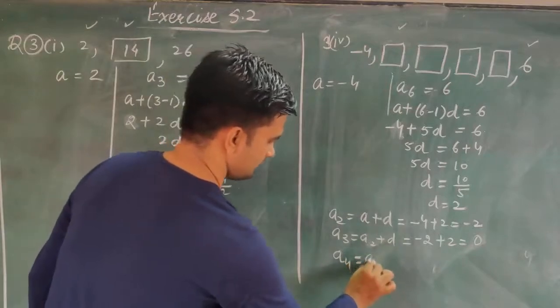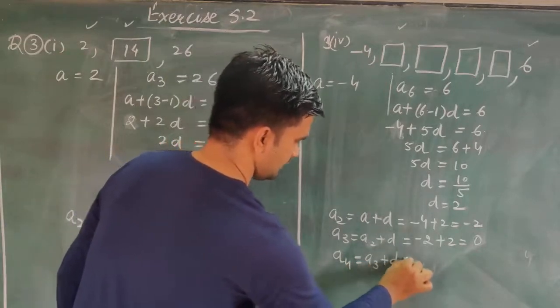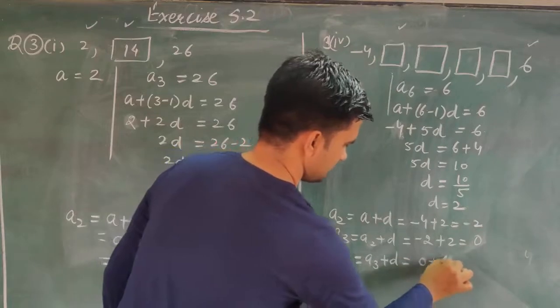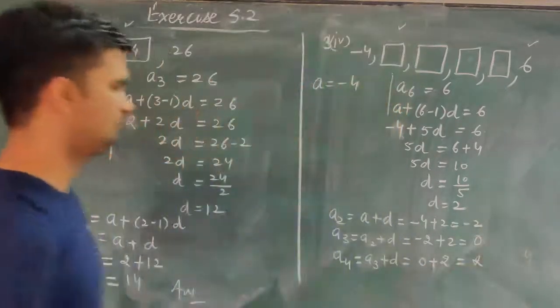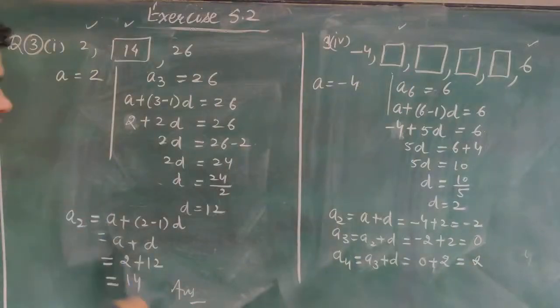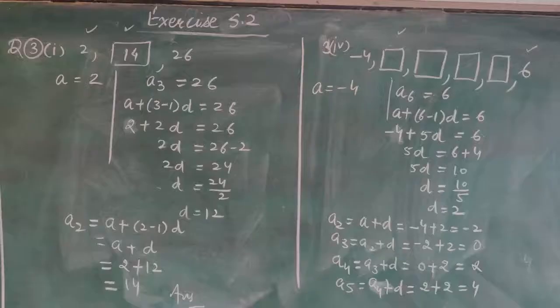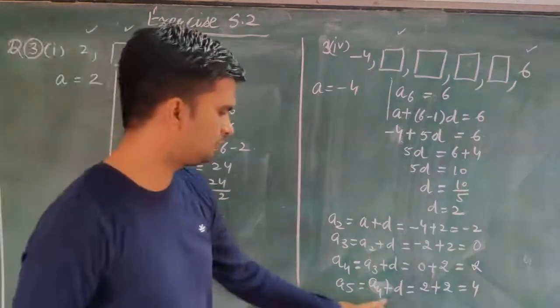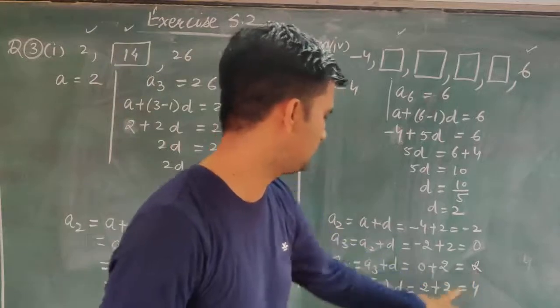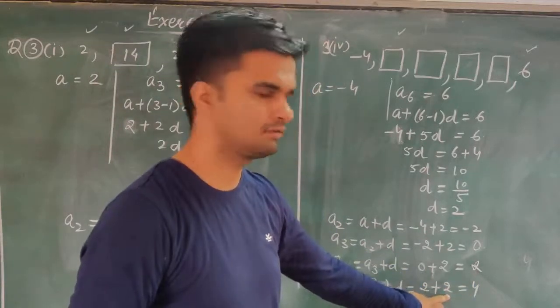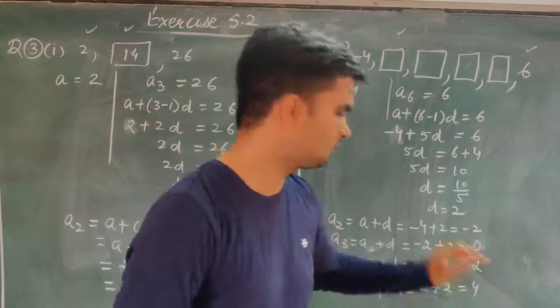A4 is A3 plus D, A3 is 0 plus D is 2, then it is equal to 2. Then A5 is equal to A4 plus D. A4 is 2, plus D, the common difference, plus 2 is equal to 4.